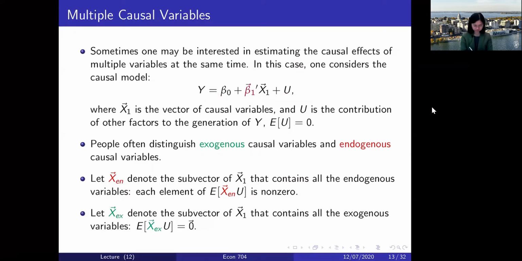So that's the distinction of endogenous and exogenous. The mathematical definition is related to how they are correlated with the error term. Endogenous variables are correlated with the error term, while the exogenous variables are not correlated with the error term.